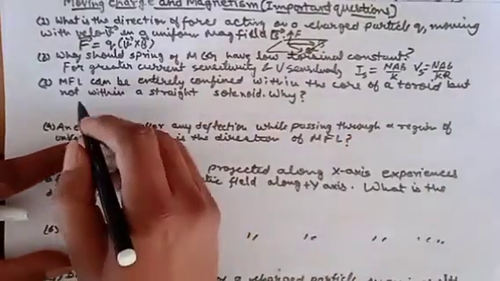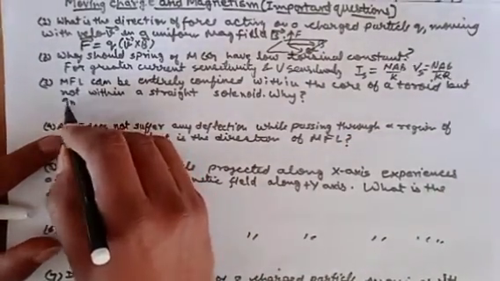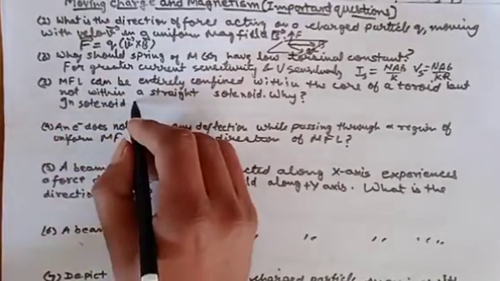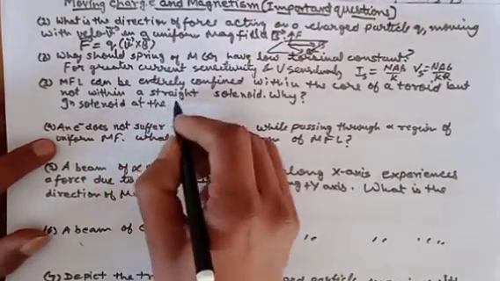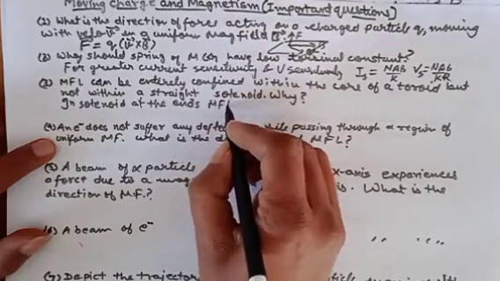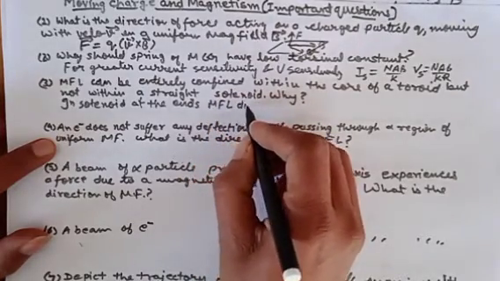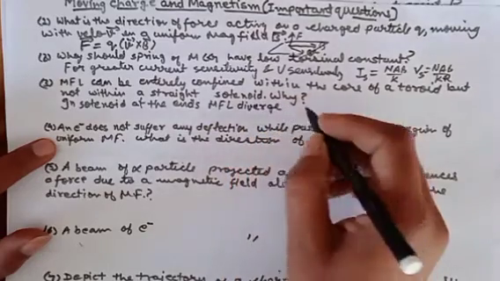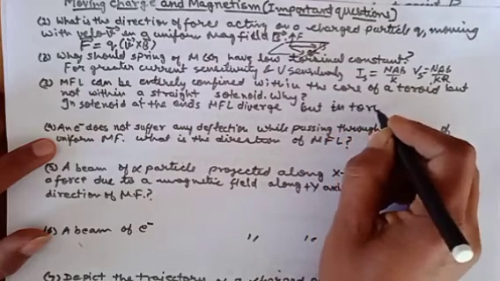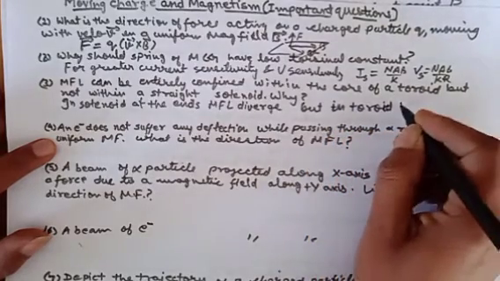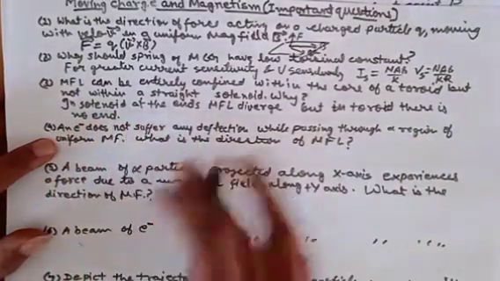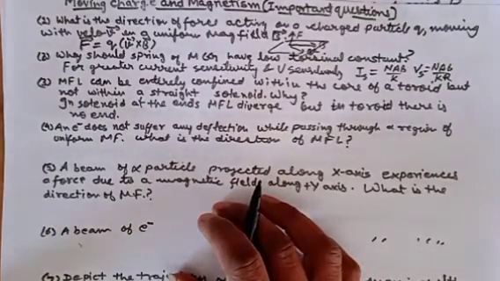So the answer is, in a solenoid, at the ends, magnetic field lines diverge, but in a toroid there is no end. So all the magnetic field lines are confined within the toroid.